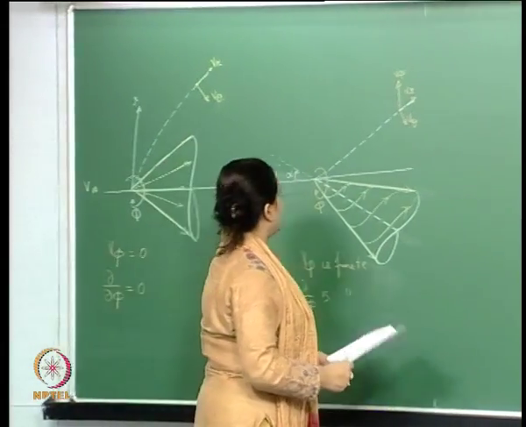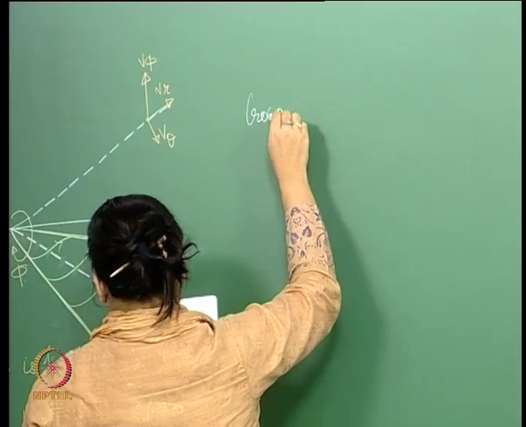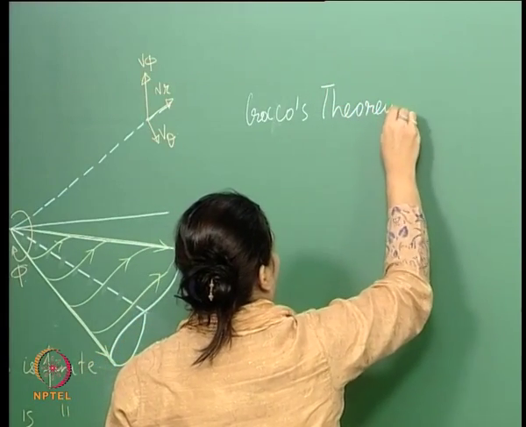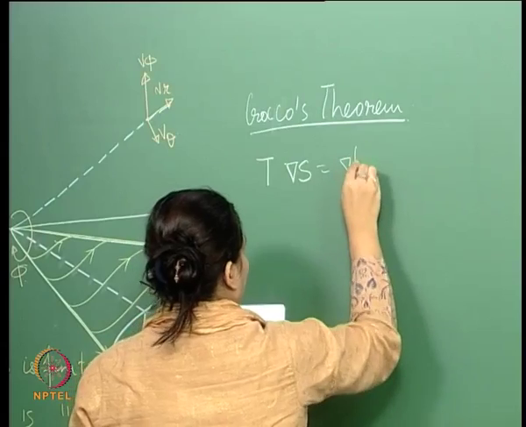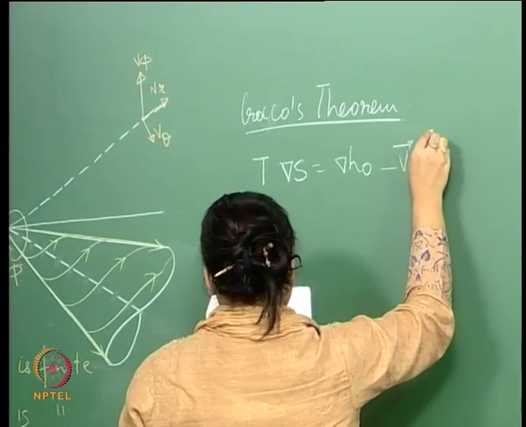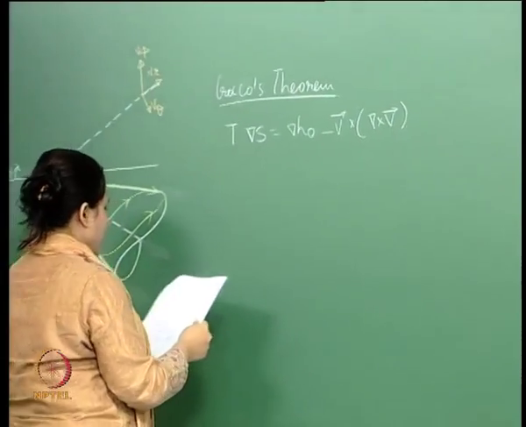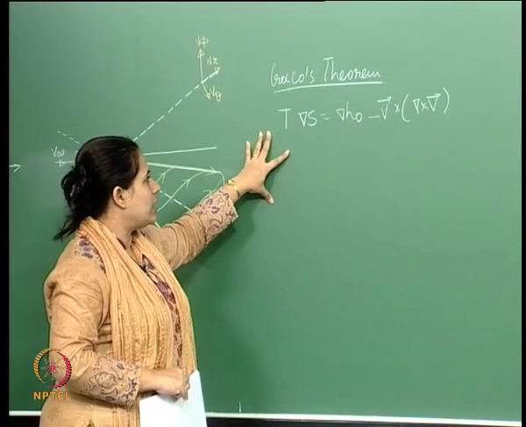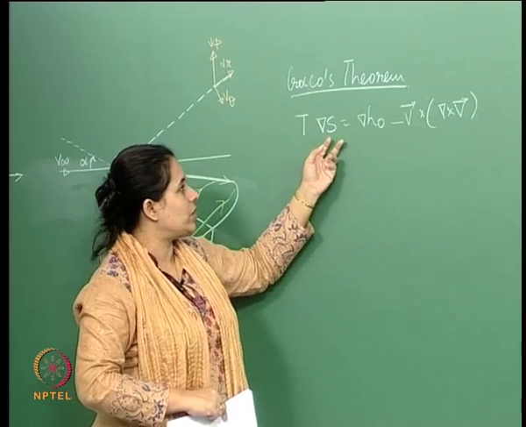So, this was our Crocco's theorem, and we considered adiabatic and inviscid flow, as a result of which our delta S was 0, the flow was isentropic.